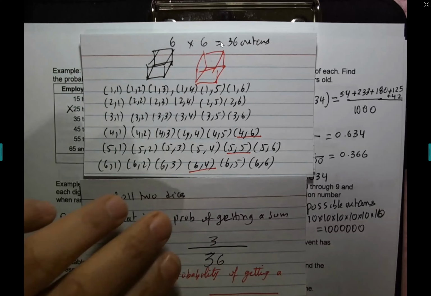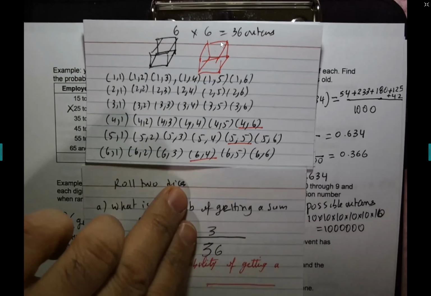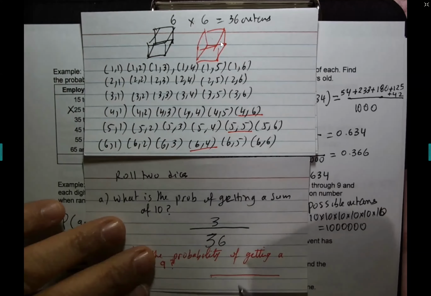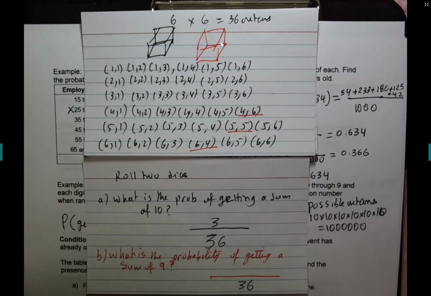Let's do this together. And again, guys, don't be afraid of putting the denominator. It's going to be 36. Now, sum of 9. Which pairs will give me a sum of 9?